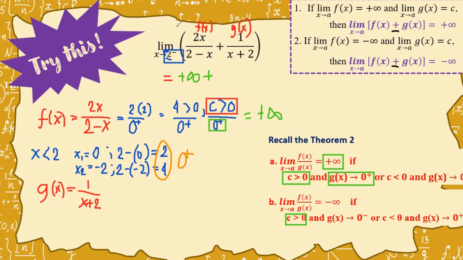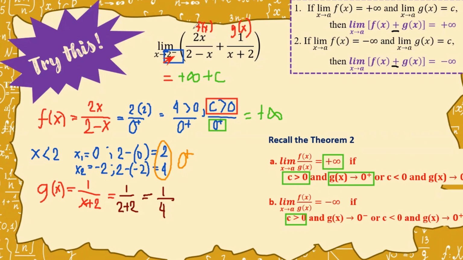Okay, so balikan natin. Ito yung approach natin. Baka makalimutan niyo. So, this will become 1 over the value of x, that is 2 plus 2, that is 1 over 4. So, may result tayo, no? That is a constant. So, therefore, plus C natin dito.